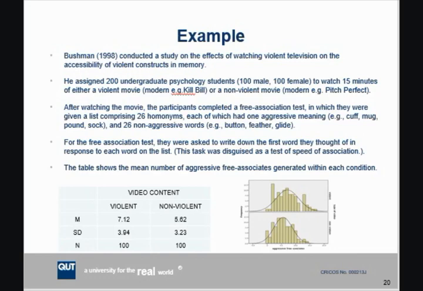Each one had a potentially aggressive meaning. So the data shows us the mean number of aggressive free associates generated within each condition. And we can see in the violent condition there were 7, and in the non-violent condition there was a mean of 5.